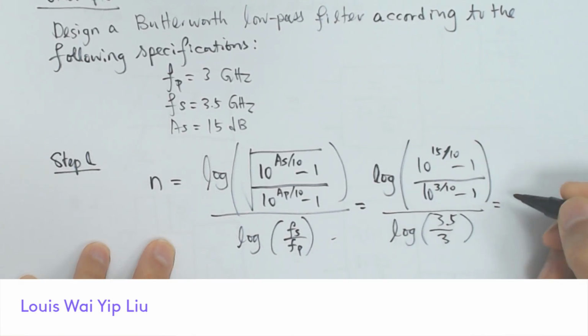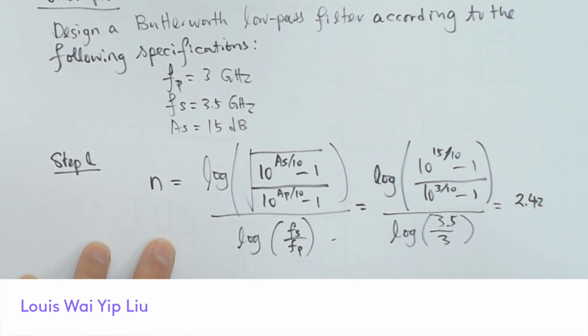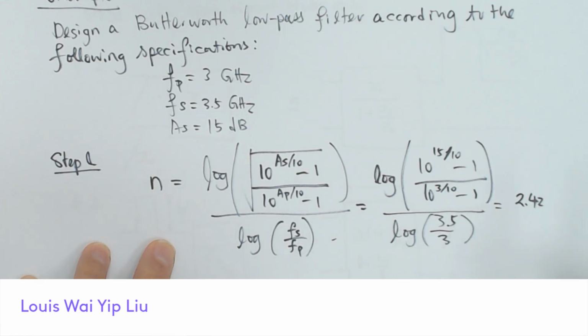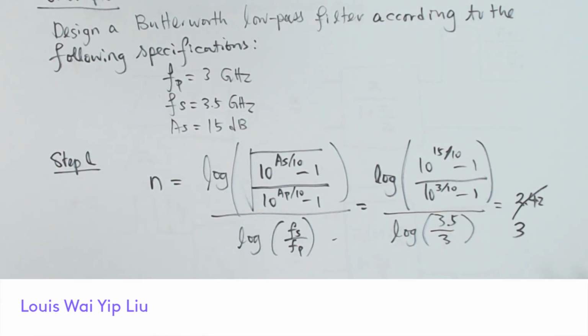If you do it carefully, you will end up with an answer of 2.42. But the order should be an integer value. What you are looking for is the next integer larger than 2.42, which is 3. The required order of the filter is 3.